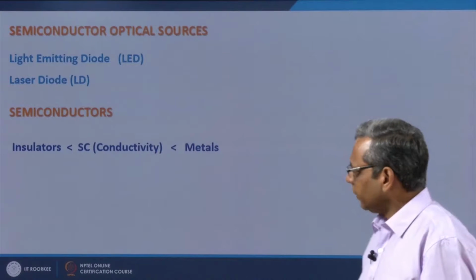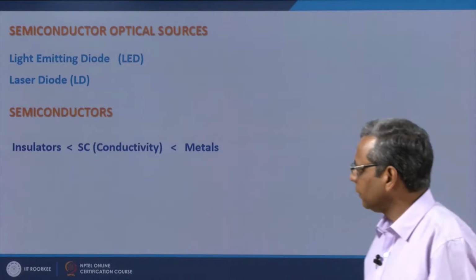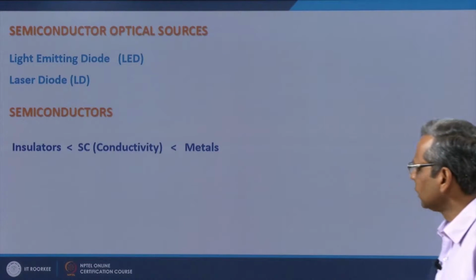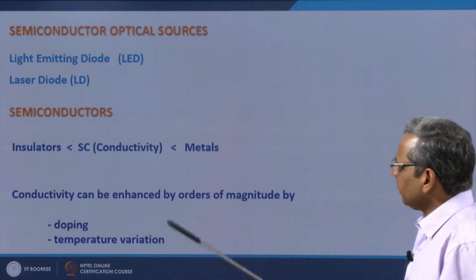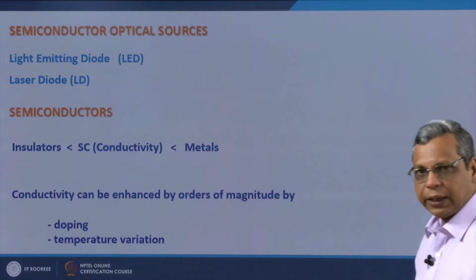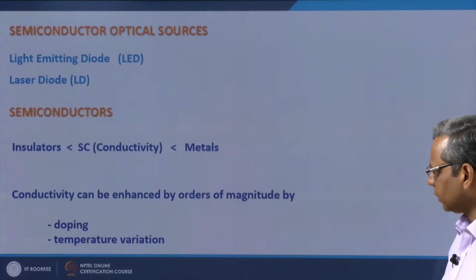We know that semiconductors are materials whose conductivity lies between the conductivity of the insulators and the metals. The conductivity of semiconductors can be enhanced by orders of magnitude by doping and/or by temperature variation.